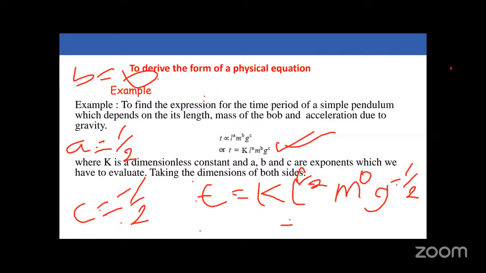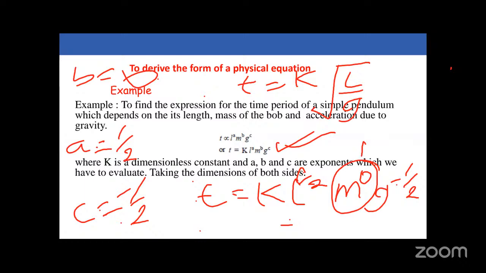Now if we rewrite this in proper context, our T becomes K square root of L over G. M raised to 0 is equal to 1.